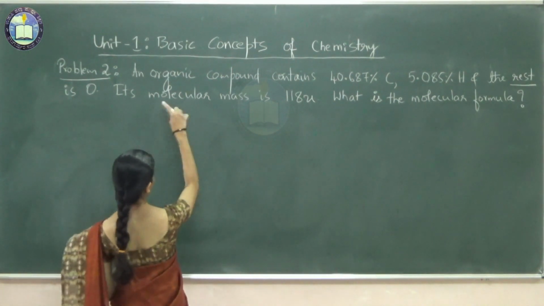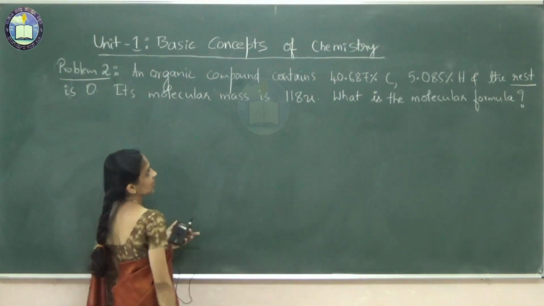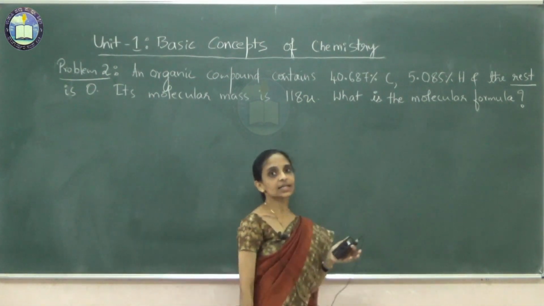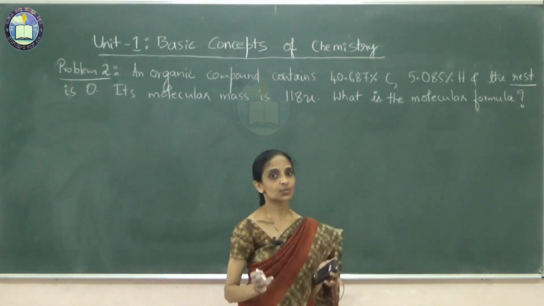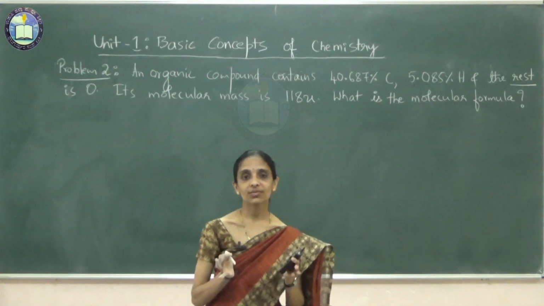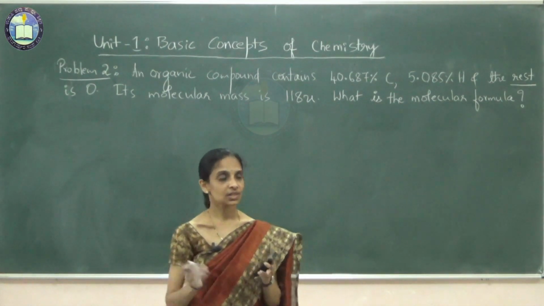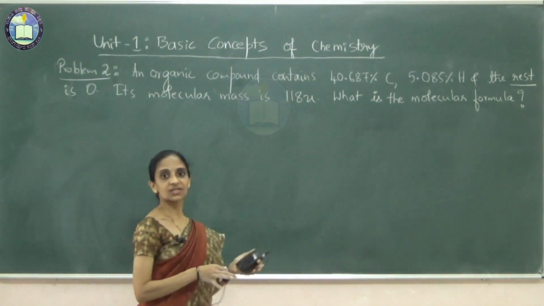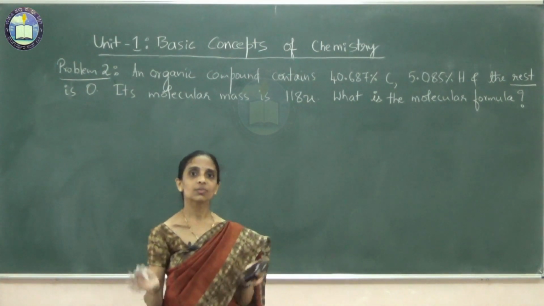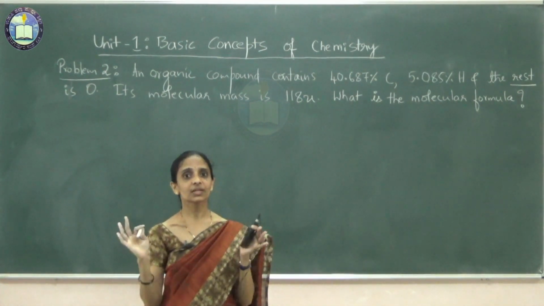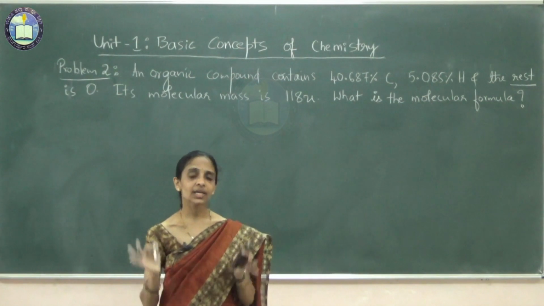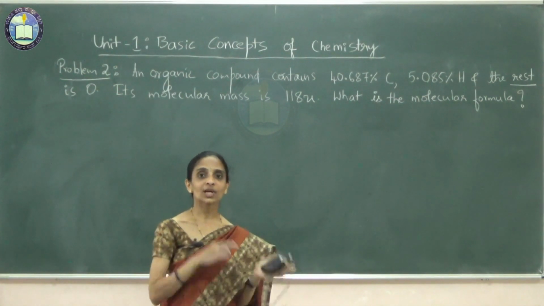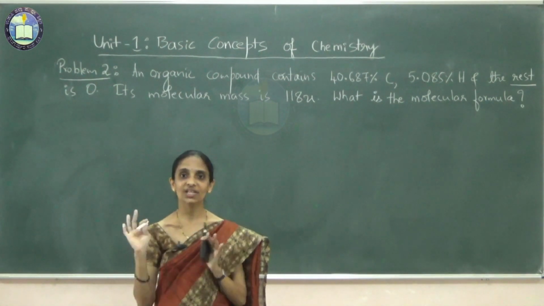Okay, then the molecular mass of the compound is given, it is 180 U. In the previous problem, molar mass was given in terms of grams. Now, molecular mass is given in terms of U, but there is no problem in it because numerically you know that molecular mass and molar mass are one and the same.